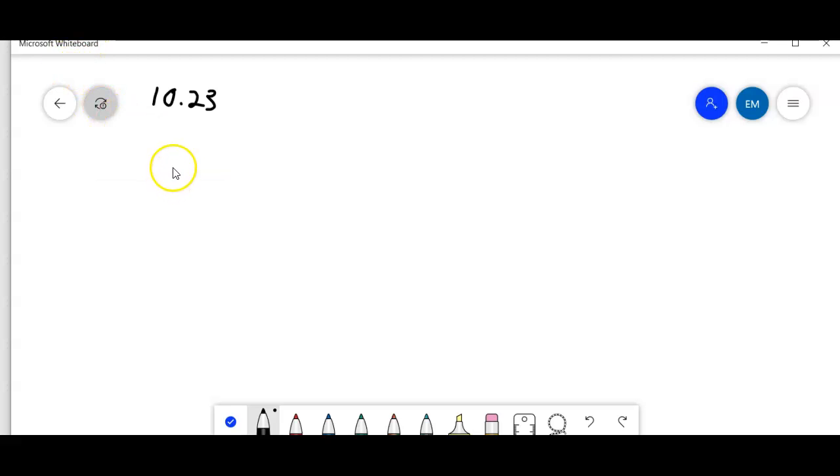Here's the system. HCHO2 plus, we've got to fill some other things in here. I'm just going to get the reaction in first.